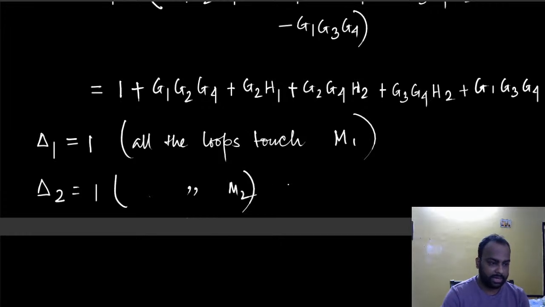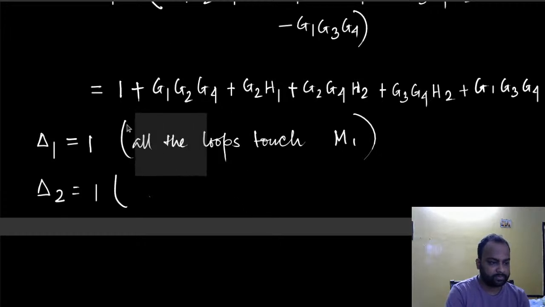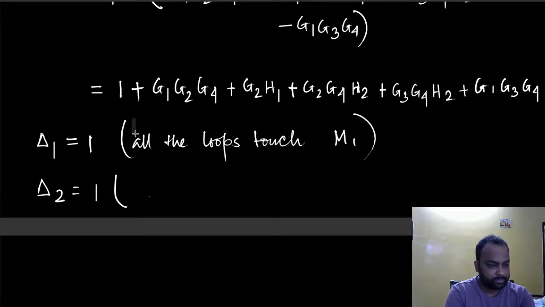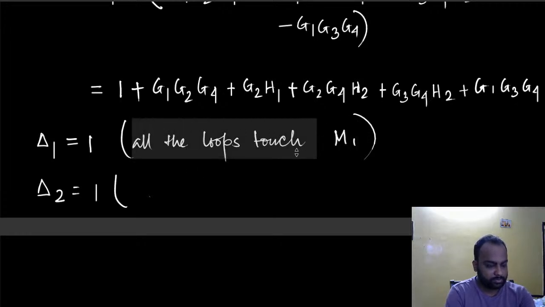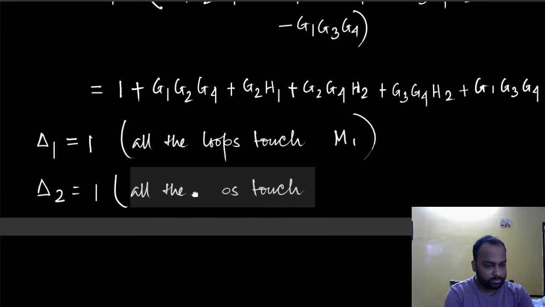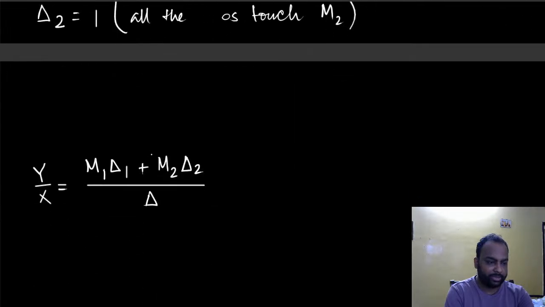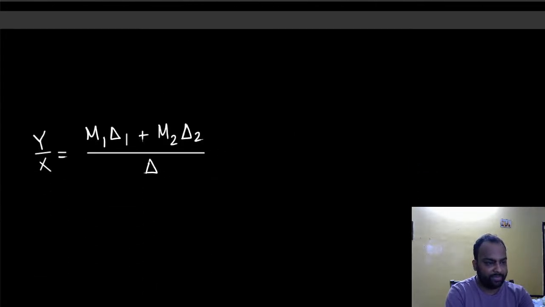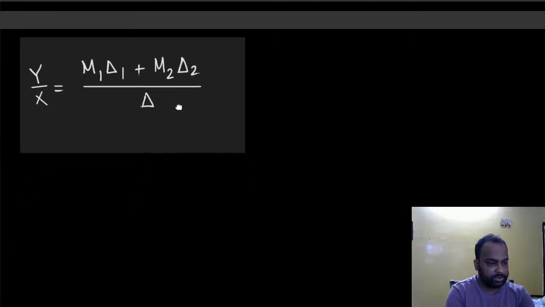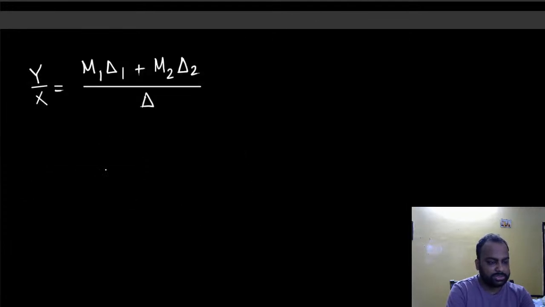Very simple. So all the L1 through L5 are not there anymore. So with that said, the transfer function would simply be this one.